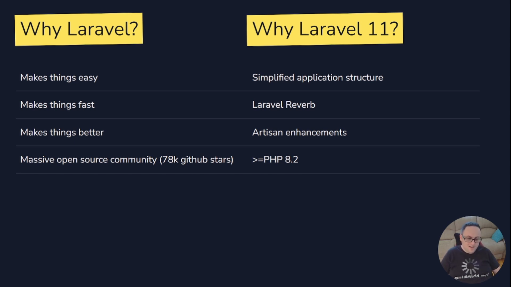I personally have in my drawer over here a certificate for a Zend PHP course, I think it was 5.2 or 5.3, and boy, has PHP evolved over the years in a very good way.